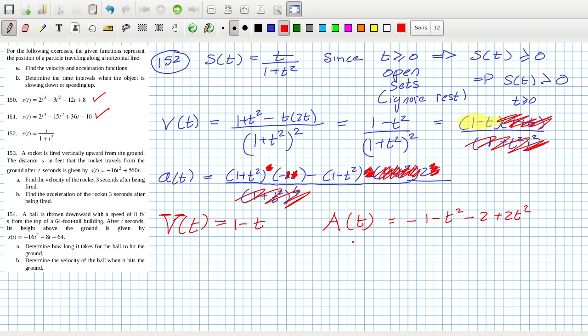Oh, I'm starting to see where the 3 comes from. Minus 3 plus t squared, t squared minus 3, and 1 minus t. Very interesting.